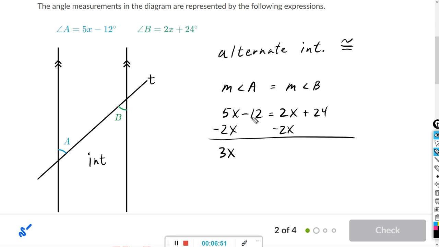I want to get rid of the negative 12. The opposite of negative 12 is positive 12. So negative 12 plus 12 cancels. Bring down the equal sign. 2x minus 2x cancels, and 24 plus 12 is 36. Solving for x, I'm going to divide both sides by 3, and the 3s cancel. So 36 over 3 is just 12.